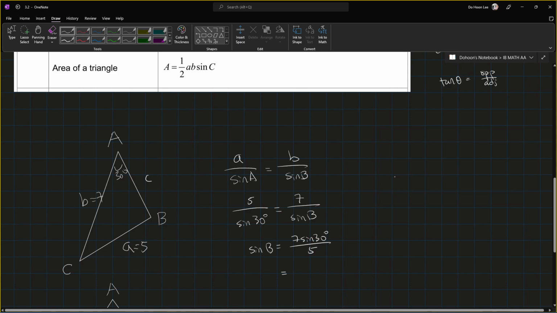Sine 30, we can make a triangle like this, 30 degrees, and the sides are 1, root 3, and 2. So sine 30 would be opposite over hypotenuse, so 1 over 2. I know that sine 30 is 1 over 2.